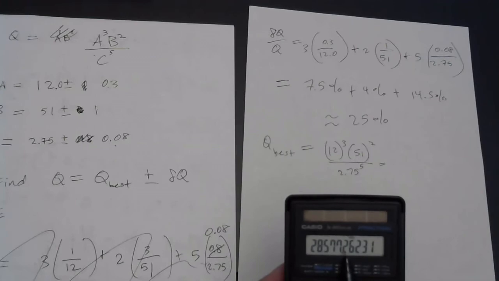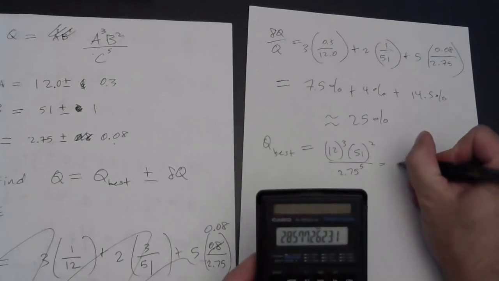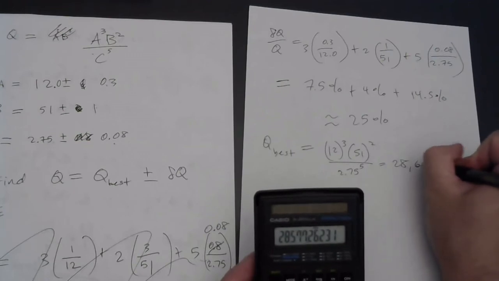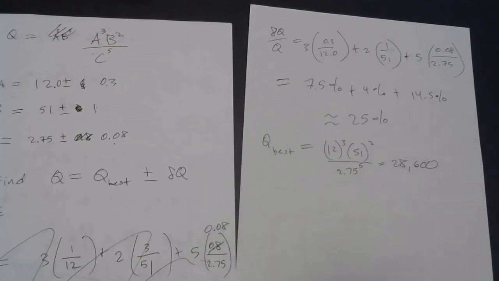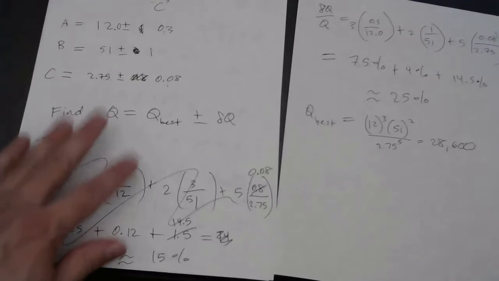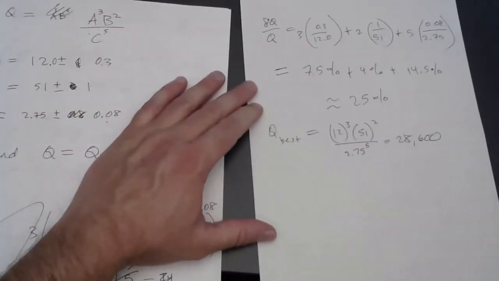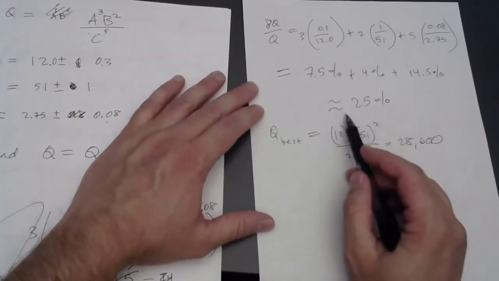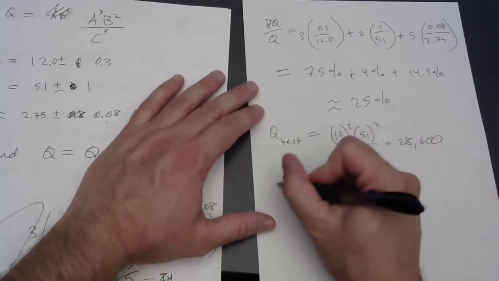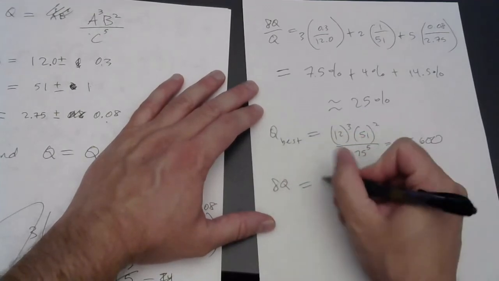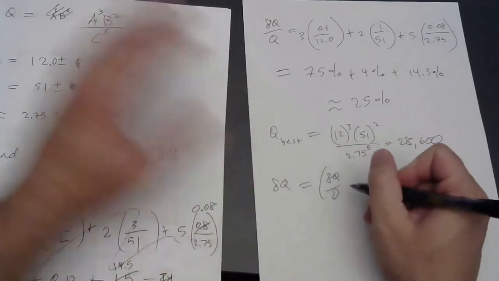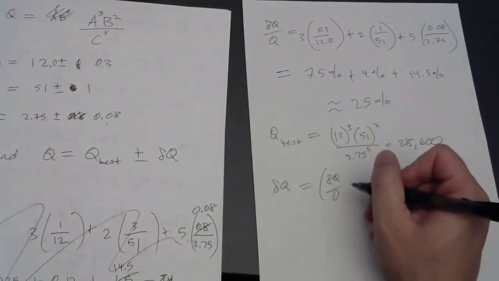See the 28577 in the decimal point. So I'll round it to 28,600. That's my best estimate to an appropriate number of significant digits. Now that I've got my best estimate and I know my relative uncertainty, I can find the absolute uncertainty. All I have to do is take the relative uncertainty and multiply by the best estimate.